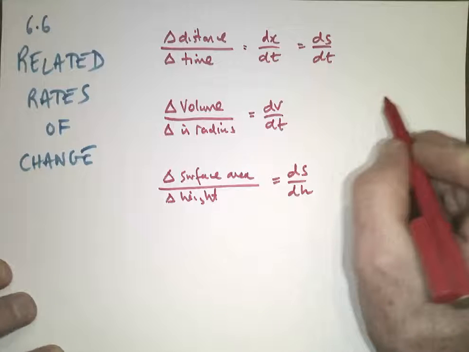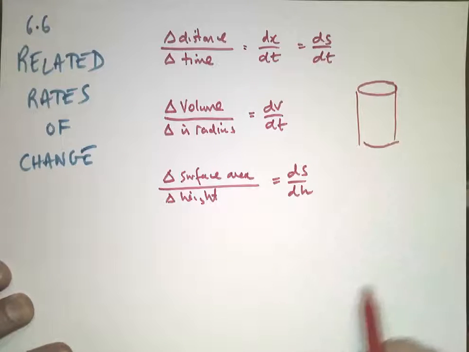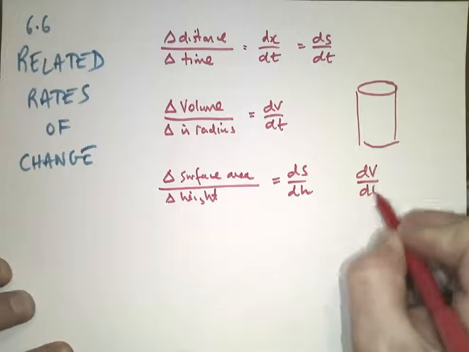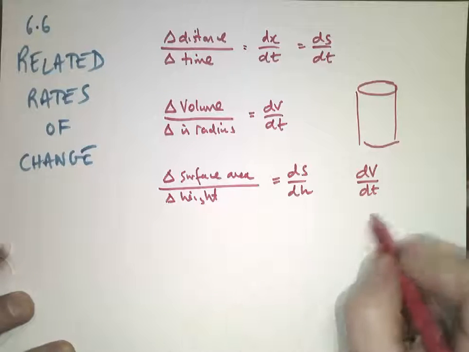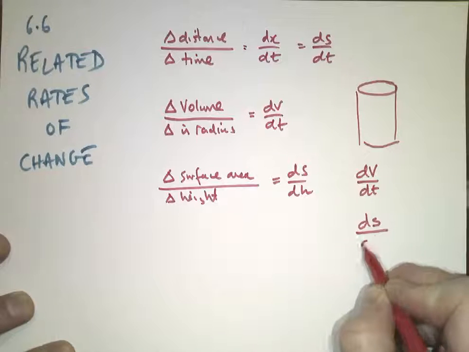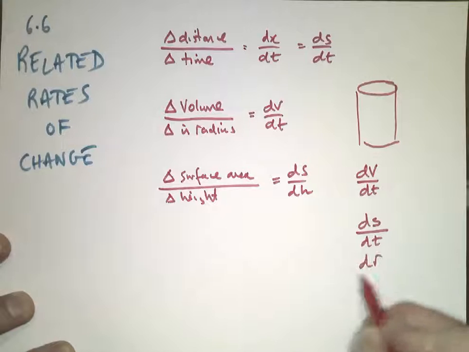Sometimes, if we have a particular object that has a three-dimensional aspect, I could talk about the change in volume of the object with respect to time, or the change in surface area with respect to time, or the change in radius with respect to time.